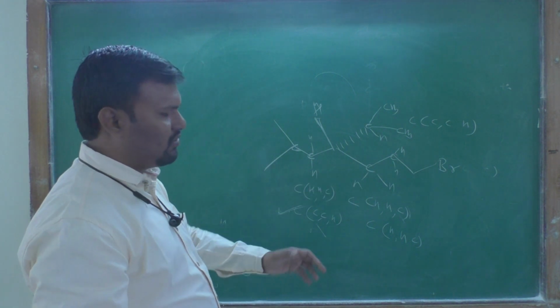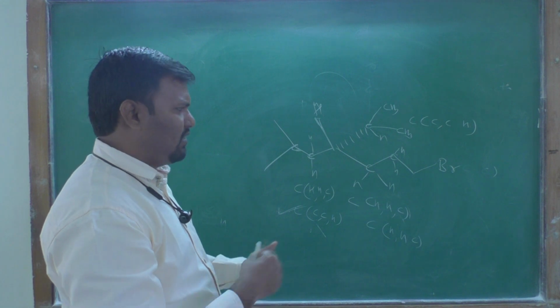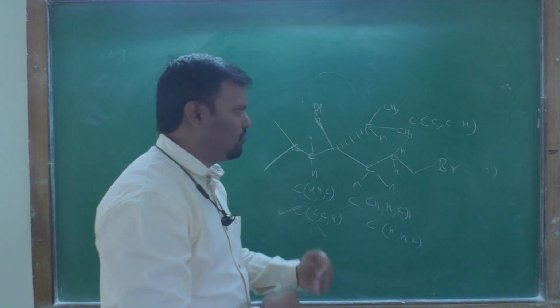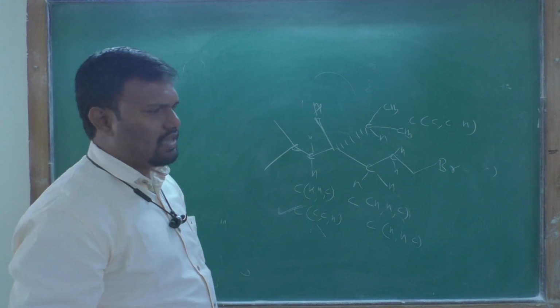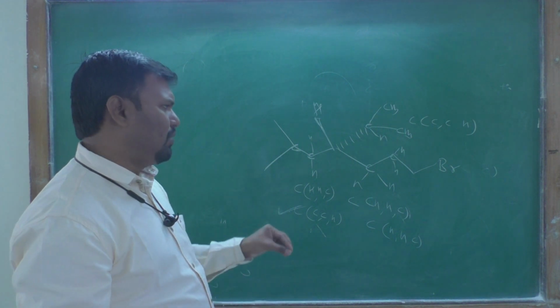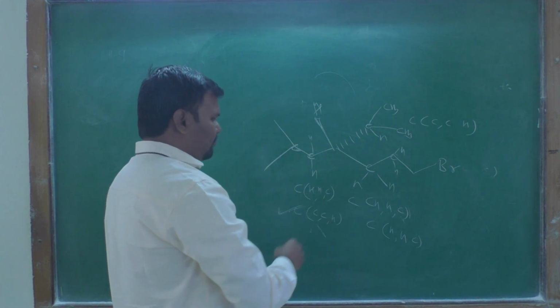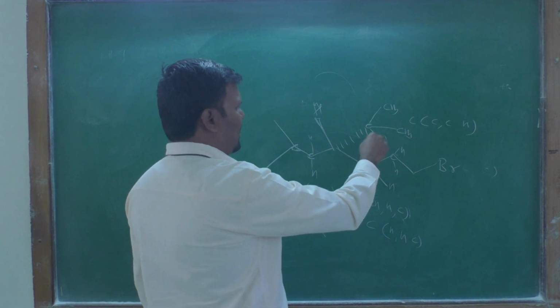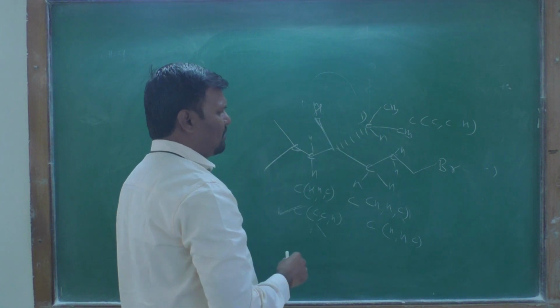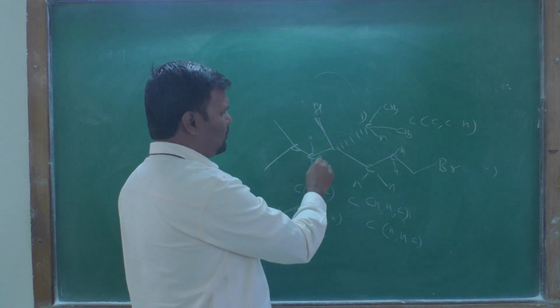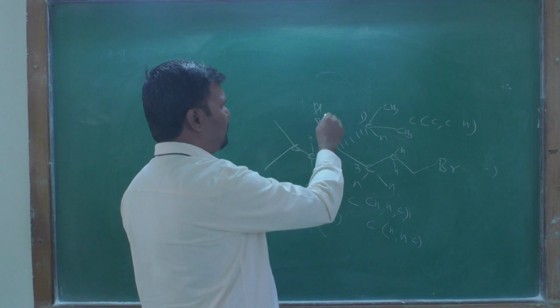If you find the next group is also the same, then you go towards the next atoms attached to that particular atom. Therefore when you observe that, definitely this has the first priority, then second priority to this, third priority to this, and fourth is there.